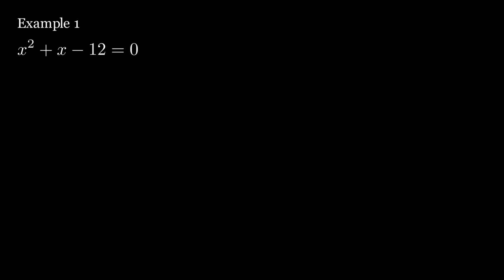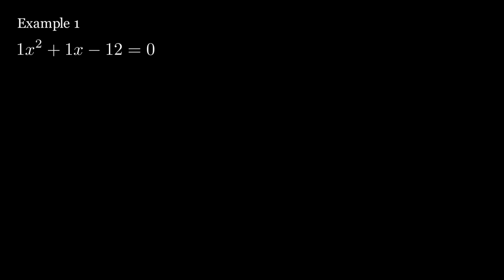The first example here: before x squared and x, we can't see any numbers, which means there are invisible 1s. It is very important to know that before we apply the quadratic formula, we need to make sure the right hand side is equal to 0.